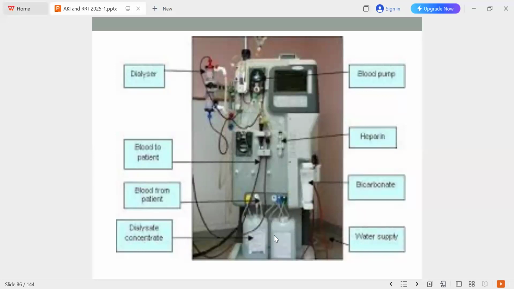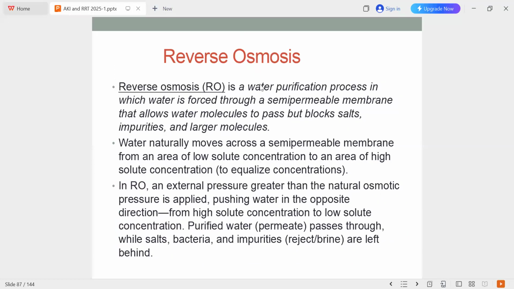This is the dialysate concentrate, which contains purified water and different components. This is the water supply, bicarbonate, and heparin. This is the blood pump that pumps blood to and fro the patient's blood system.